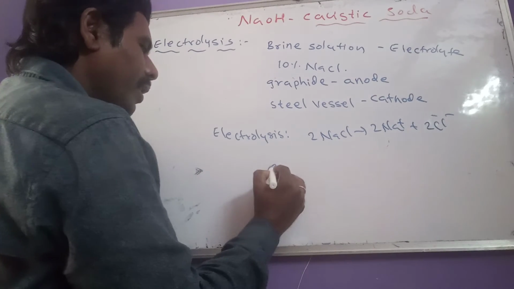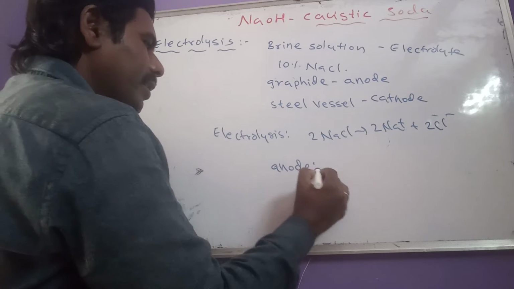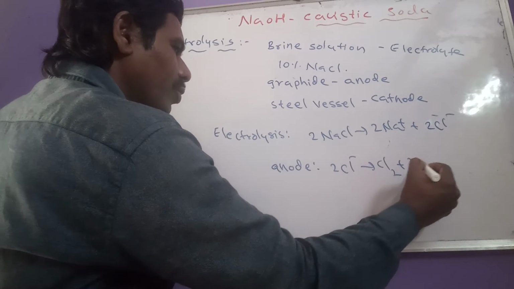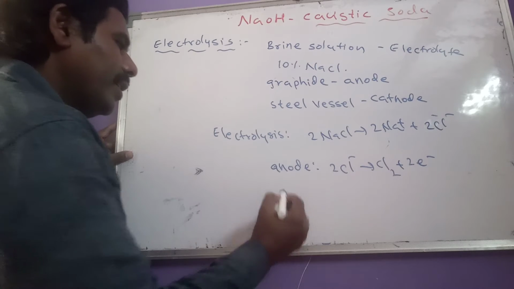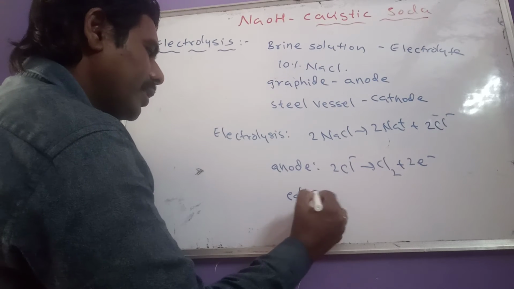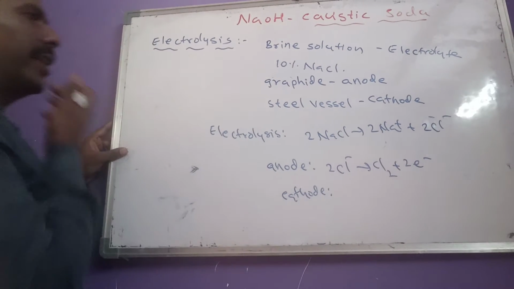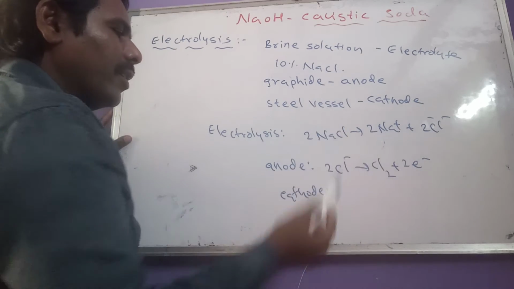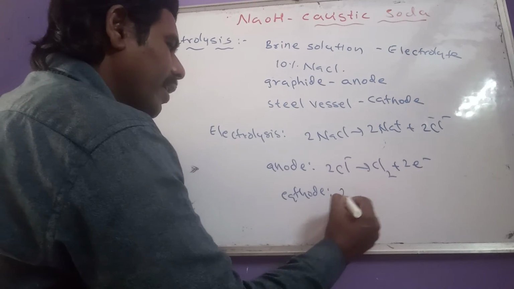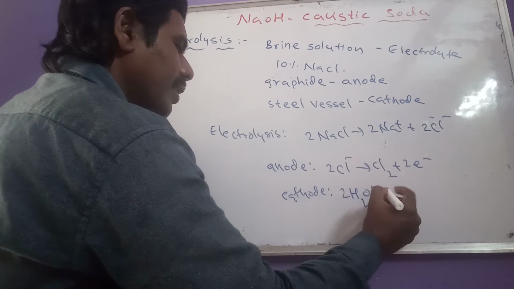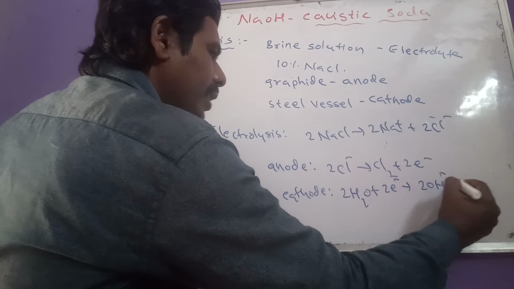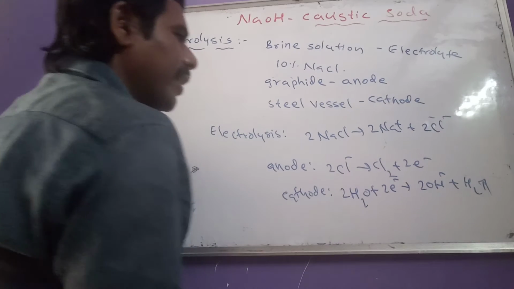At the anode, these Cl- ions oxidize to liberate chlorine. At the cathode, instead of Na+ ions, water undergoes electrolysis. Water on electrolysis gives OH- and hydrogen gas.